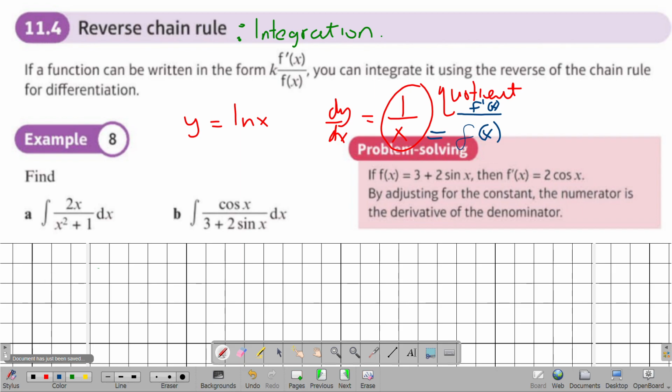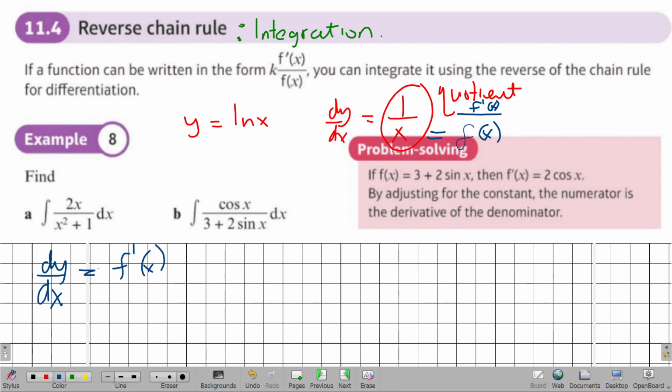So we are saying whenever you are going to differentiate any quotient that has this type of relationship, let me say dy over dx, let me use this as your subject formula, is f prime of x over f of x. Of course, you can put a constant k here because they are constants to adjust.